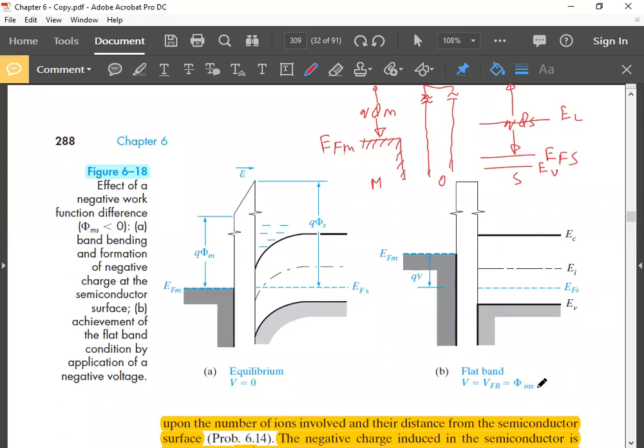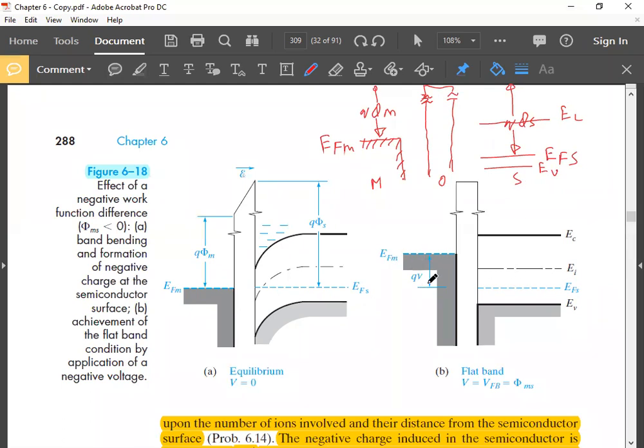So my Fermi levels will not be aligned? No. When they are flat, these energy levels are flat, of course, Fermi levels are no longer aligned. And their gap is this Q into phi ms. You can understand, this is Q phi m, this is Q phi s.